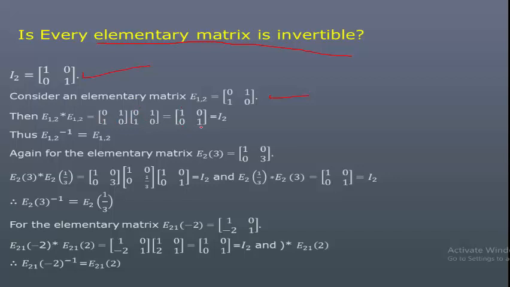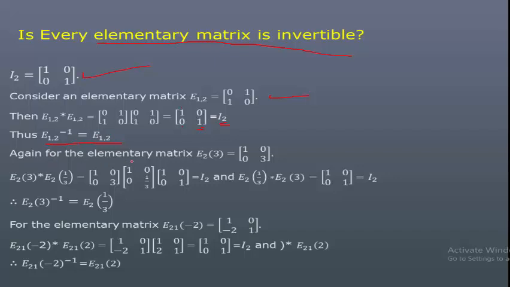Similarly we get 1 here. So this is nothing but the identity matrix I2. A matrix is invertible if there exists another matrix such that the product of these two matrices is an identity matrix. Order is immaterial, whether the product is AB or BA. So the inverse of E12 is E12.